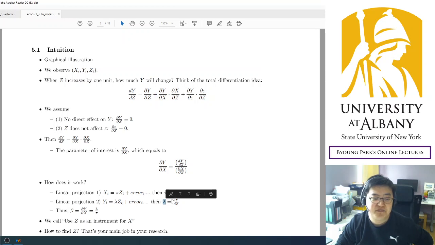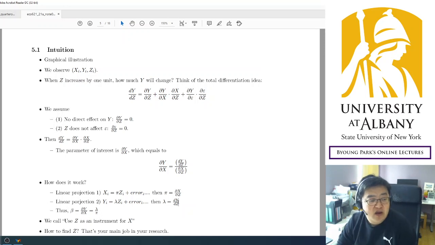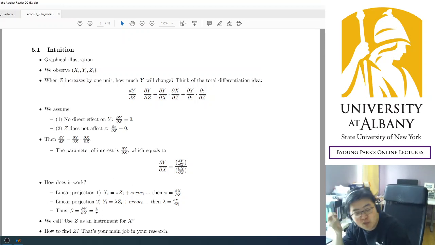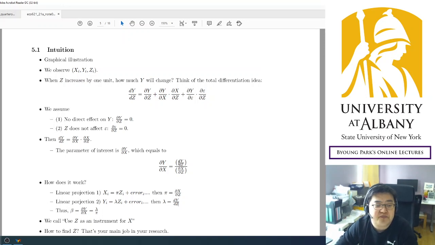So lambda captures this, pi captures this. Then beta is the ratio between them, right? By the way, this is just an intuitive explanation. In practice, we do not use this kind of method, and practically it will be much more complicated. So it is just on intuition.